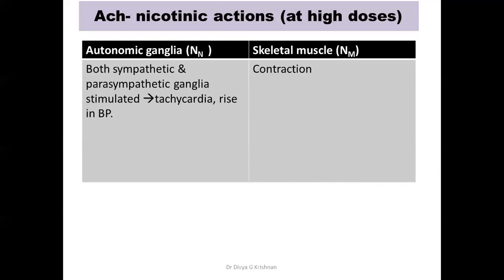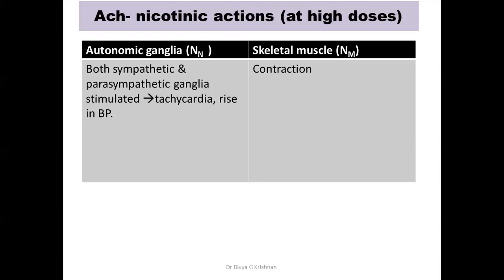Now, when high doses are given, and after you give high doses of acetylcholine you block all the muscarinic receptors with atropine, then what will happen? Only the nicotinic receptors will be stimulated, and in this case you will have more release of catecholamines, and this will result in tachycardia and rise in BP.